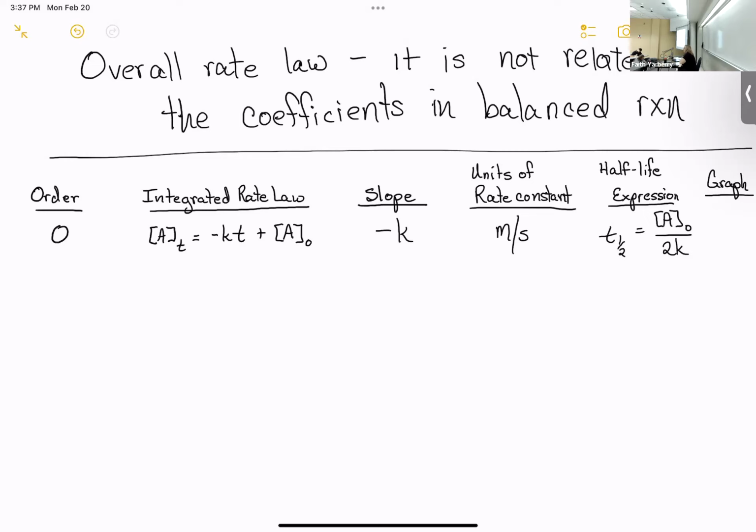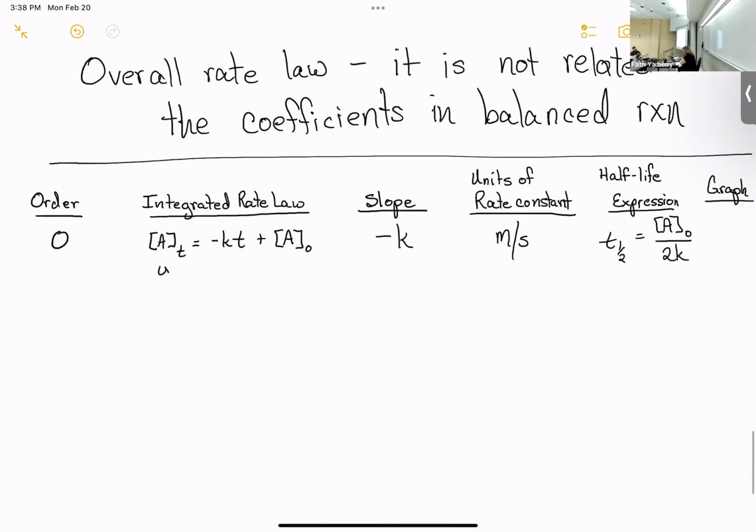So last week, you didn't have a zero order. But if you had had a zero order, when you graph y equals mx plus b, the y would have been the concentration at a given time, equal to the slope times the time, which was on the x-axis, plus the initial concentration.